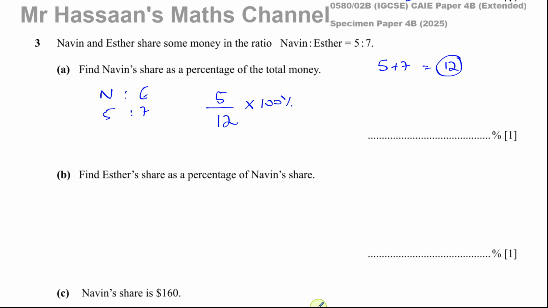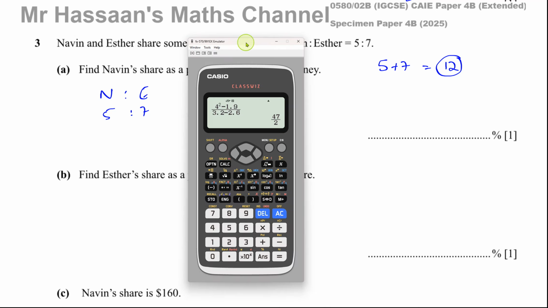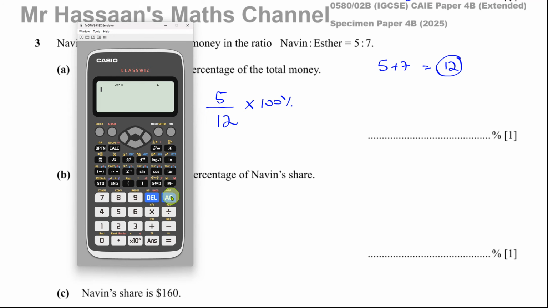And we can just put this in our calculator. We can just put 5 over 12 times 100. We don't have to put the percent in the calculator, that's like the unit. So you have 5 over 12 multiplied by 100, and that gives you 125 over 3, which is 41.7% to 3SF.